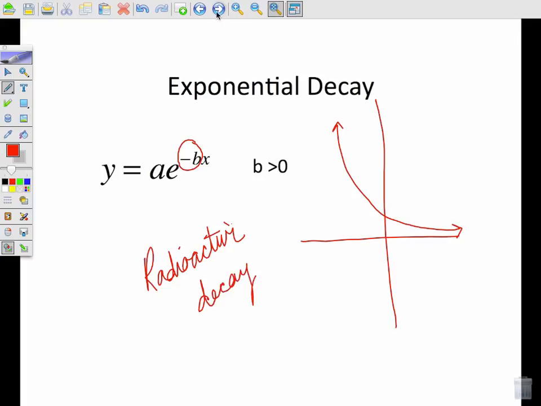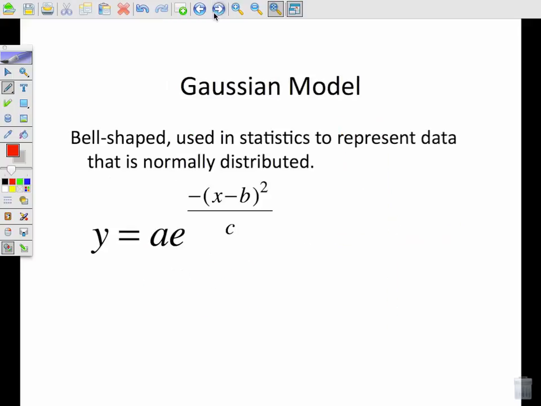The next model that we're going to look at is called the Gaussian model, and the Gaussian model is a bell-shaped curve. It's used in statistics to represent a normal distribution. Normal distribution looks like this. You don't necessarily have to have your x and your y-axis in there. I'm going to go ahead and leave those out, but this is what your normal distribution would look like. And in a normal distribution, the mean occurs in the middle. So this is the mean of your data.